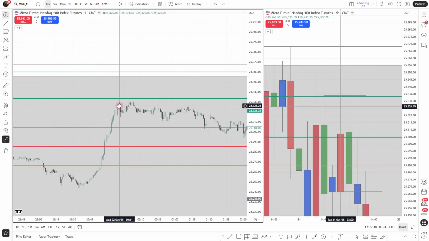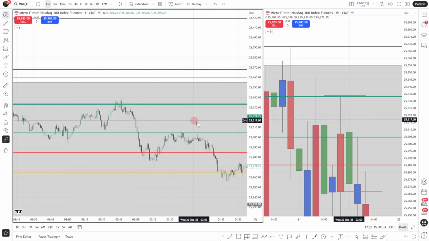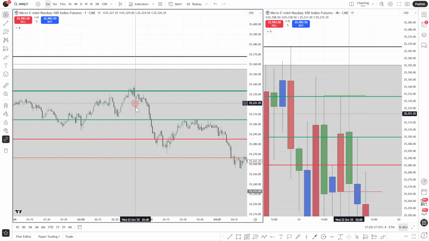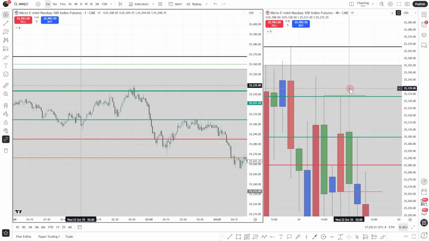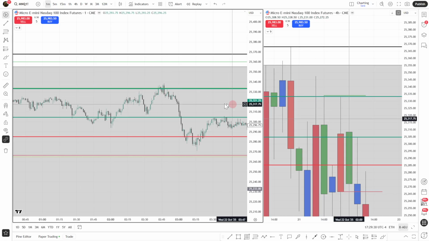It's the high. Okay, here we go. See this candle right here? Yep. Okay. So we get the run on the previous high. So all the greens kind of mesh together.